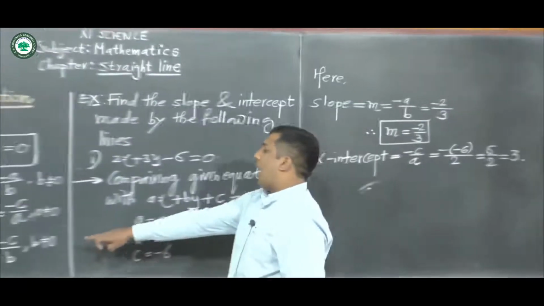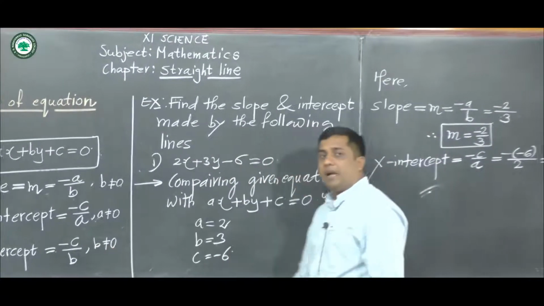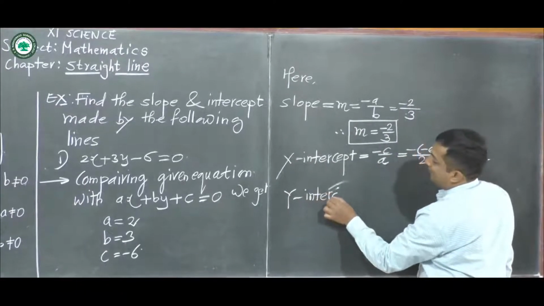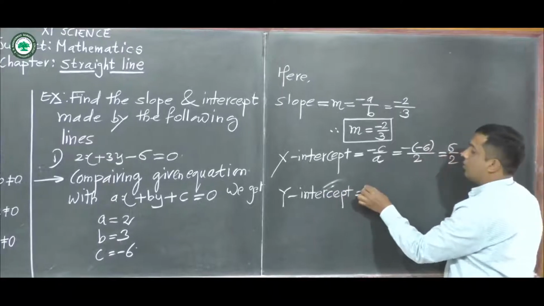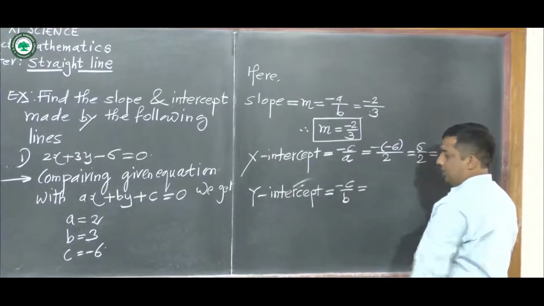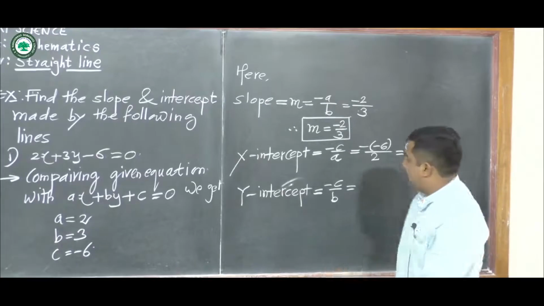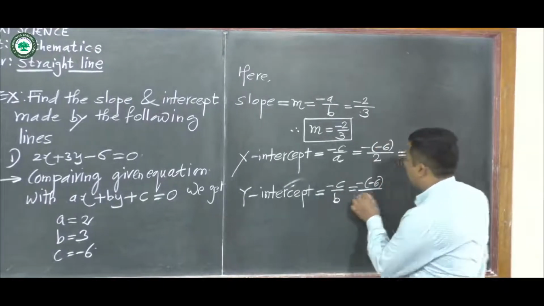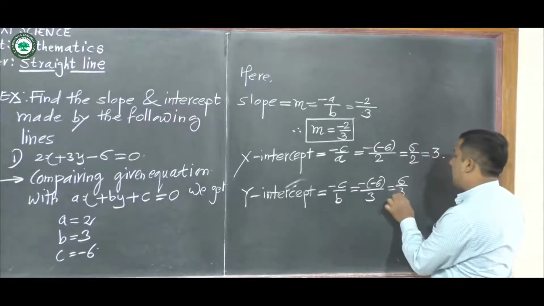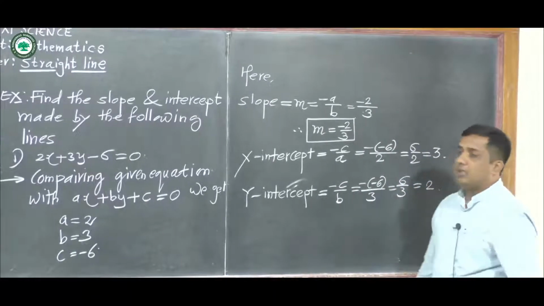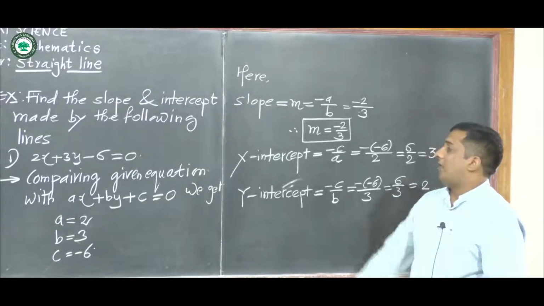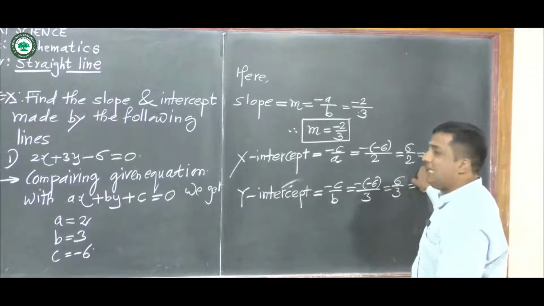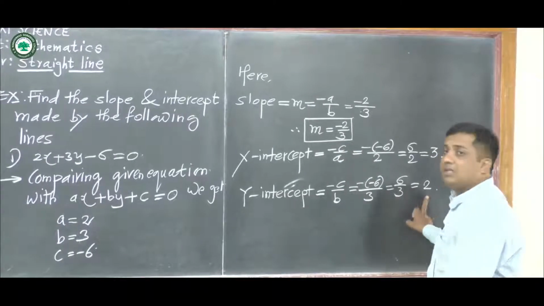Then we go with the y-intercept, which is minus c upon b. So the y-intercept is equal to minus c upon b, and we know c is minus 6, so minus of minus 6 upon b, which is 3, is equal to 6 upon 3, and that is 2. So for the given equation, the slope is minus 2 upon 3, the x-intercept is 3, and the y-intercept is 2.